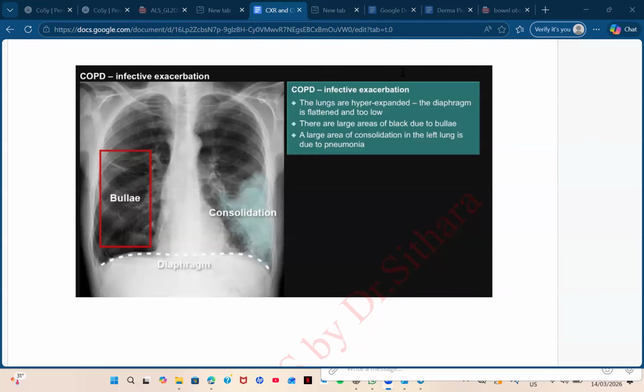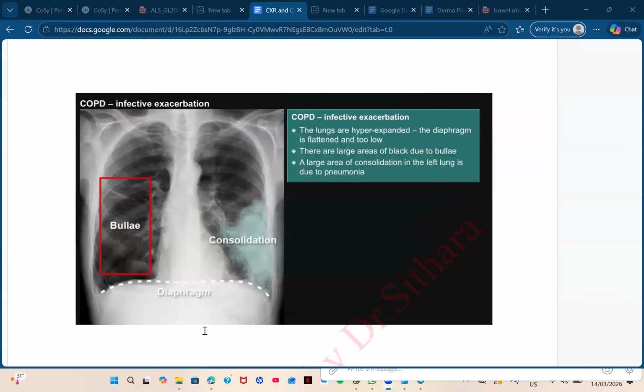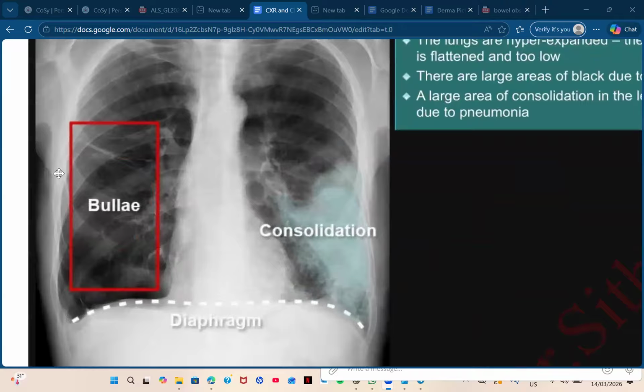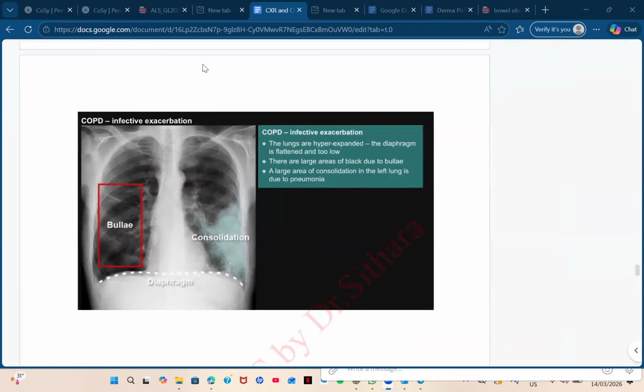Why? Because of destruction of the alveoli due to emphysema, right? In COPD, one of the main categories is emphysema. Because of that, we can see a bulla. It's not very clear, but here we can see it.